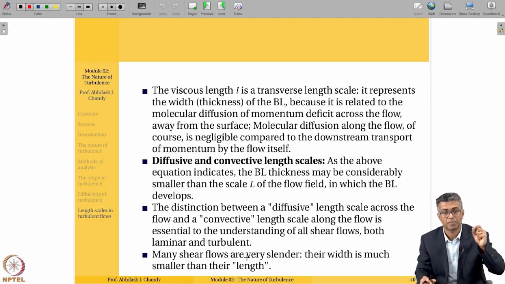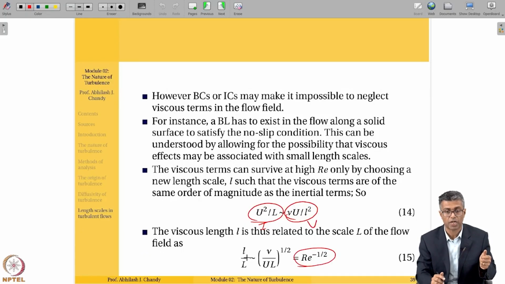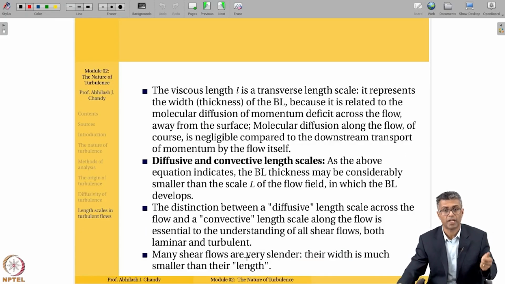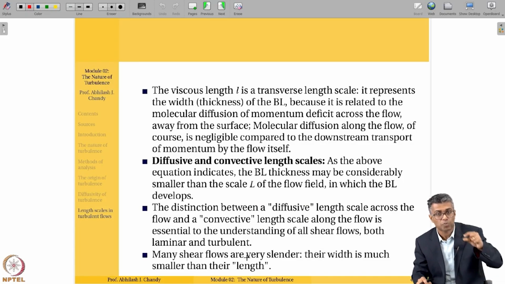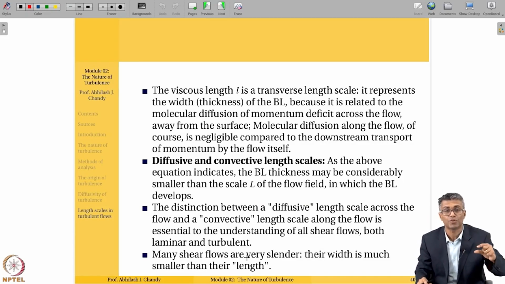Now, as the equation we saw earlier, l over L is Re to the minus half, you can see that the boundary layer thickness is much smaller than L, in which the boundary layer develops. So that small l is like a diffusive length scale because it represents the diffusion of momentum away from the surface.